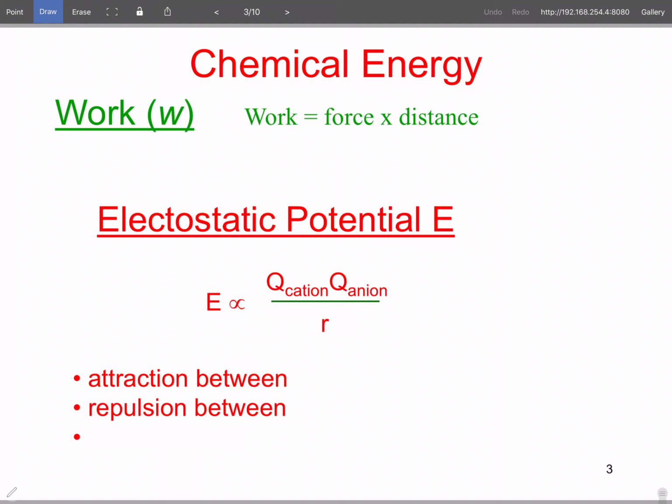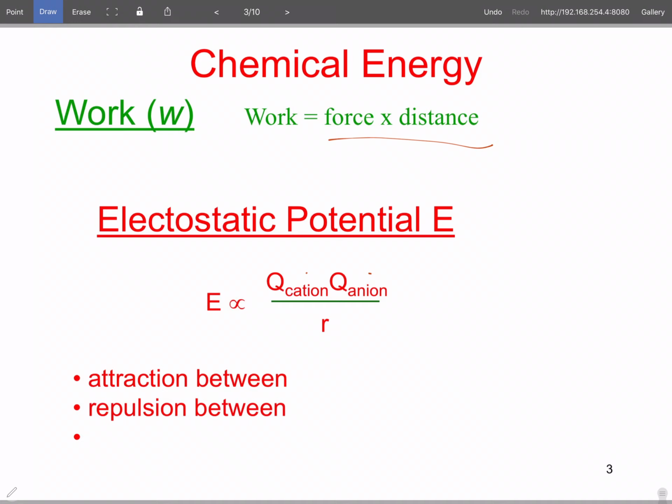If we talk about chemical energy, what we're talking about is work, and work, remember, is force times distance. And if you've taken physics, or if you're taking physics, this will sound awful familiar because it works accordingly. So when we talk about electrostatic potential energy, electrostatic has to do with charges. So we're talking about a chemical bond, especially if it's ionic salts, etc. You have your cation and your anion.